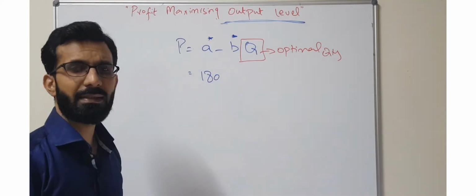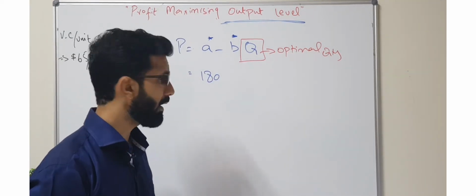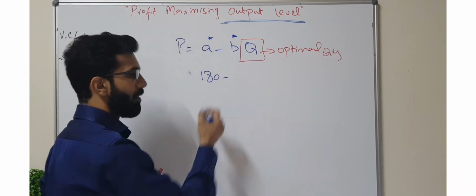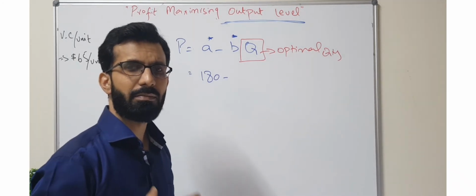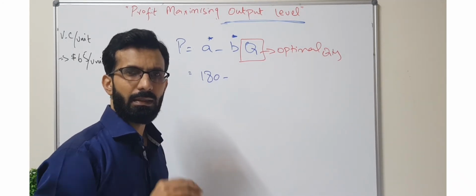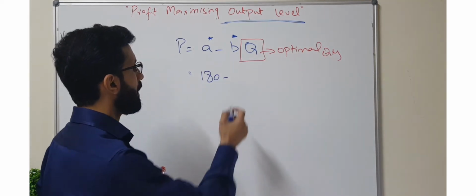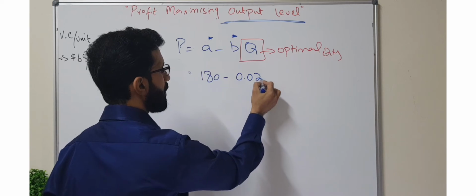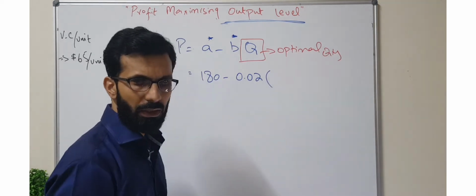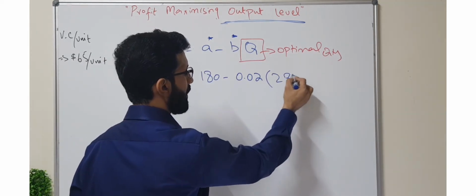So we calculated, what is A? I'll repeat again, A is the selling price at which demand will be 0, and B is also calculated. What is B? B is basically the rate of change between price and quantity, which we calculated as 0.02, and optimal quantity we just calculated, 2875 units.